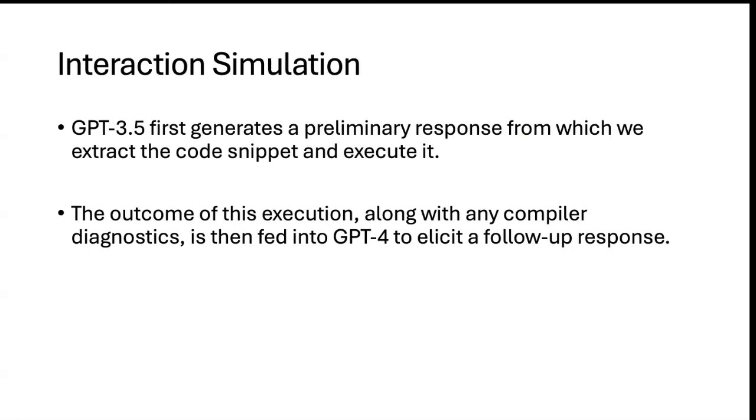The outcome of the execution, along with the compiler diagnosis, was then fed into GPT-4 to get the follow-up response, and this was repeated until the correct solution was made. But the maximum iteration was set to 3, and if the correct solution was not made by then, it stopped.